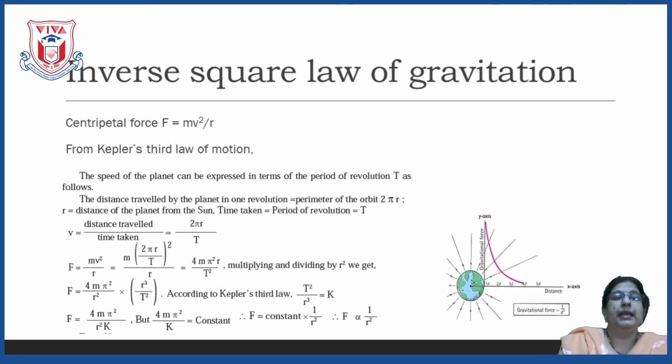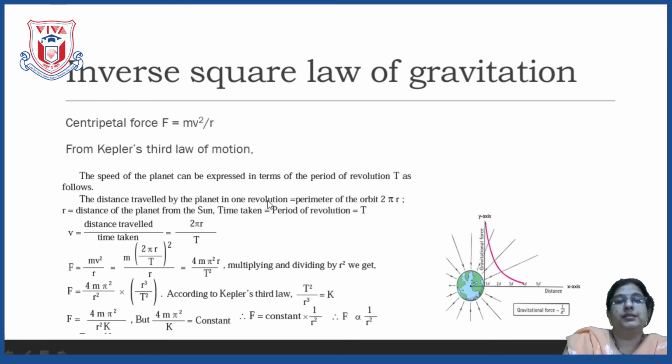It is mv square upon r. Here, m stands for the mass of the object, v stands for the velocity of the object, and r stands for the radius. Is it clear? So now let's see how this inverse square law of gravitation is proved.